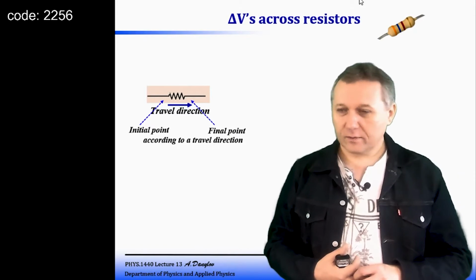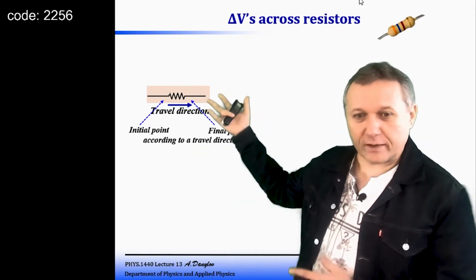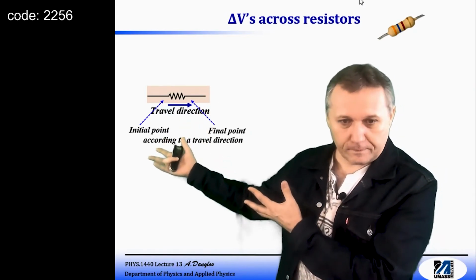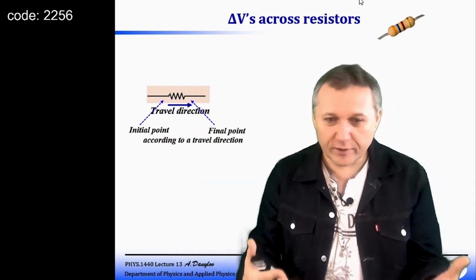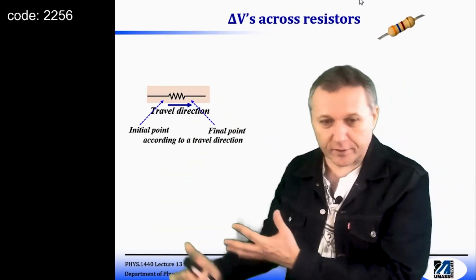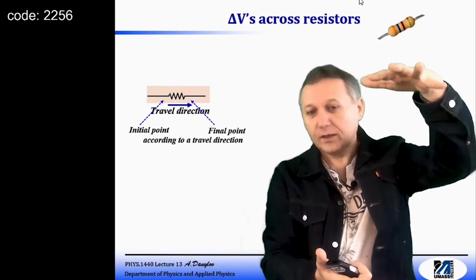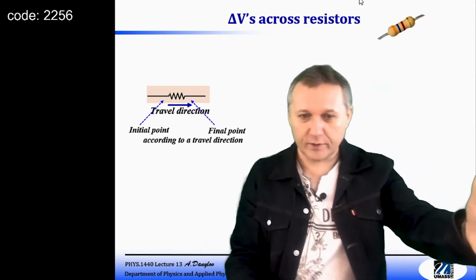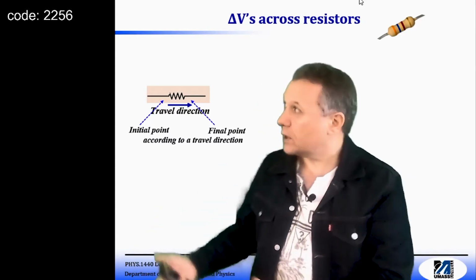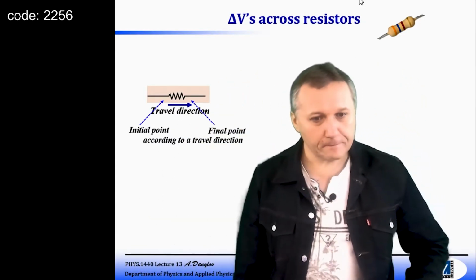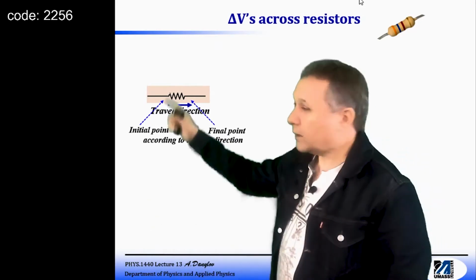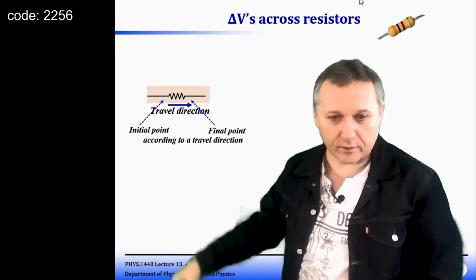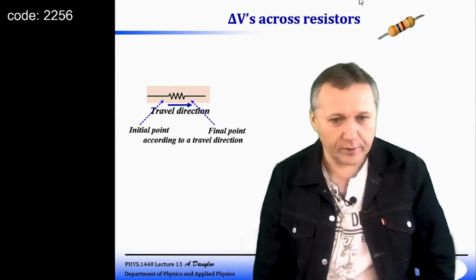I cannot tell, because right now we don't have any information about that. On the previous slide, when we were discussing batteries, we knew that the longer bar represents the positive electrode and the shorter bar the negative electrode, so we knew this point is at higher potential and this one at low potential. Now I have no idea which side is higher or lower. We just don't have that information.